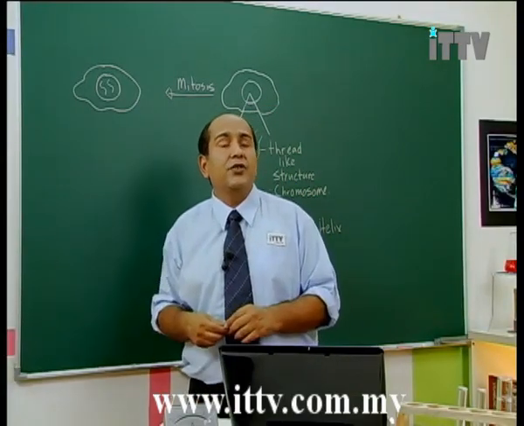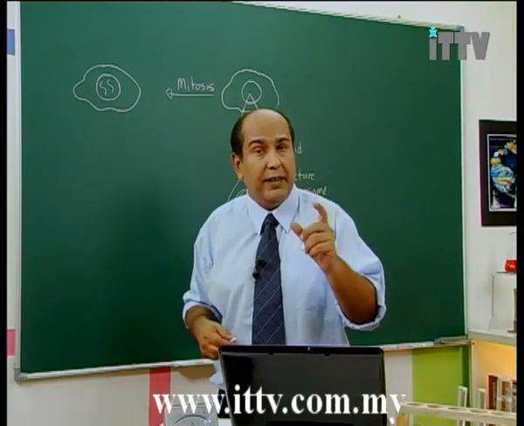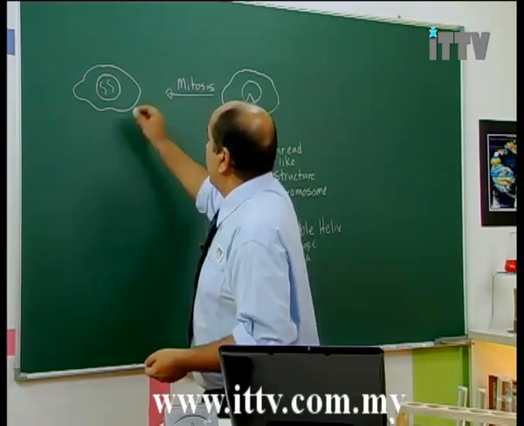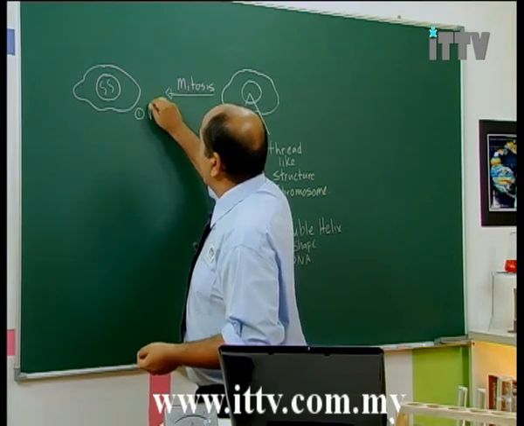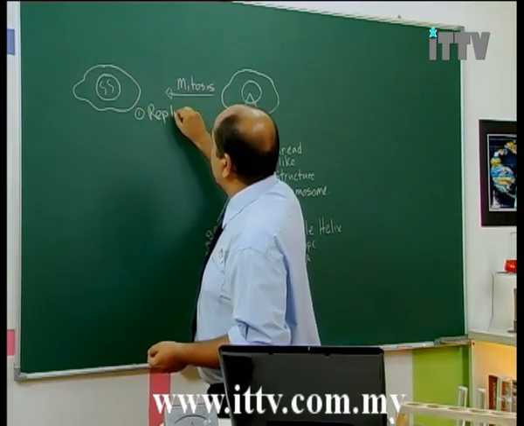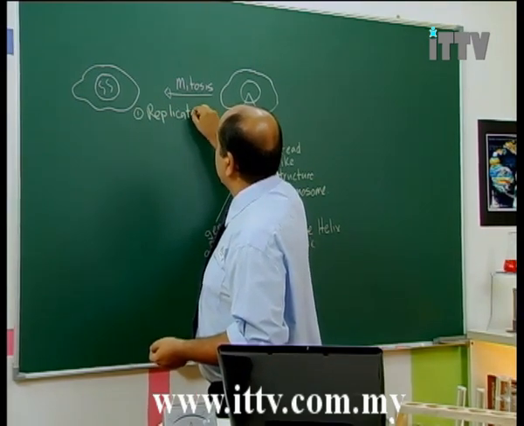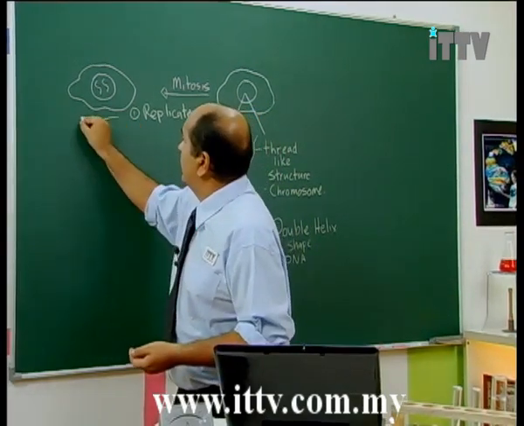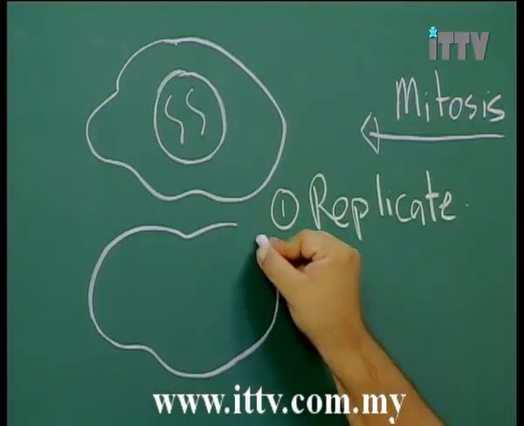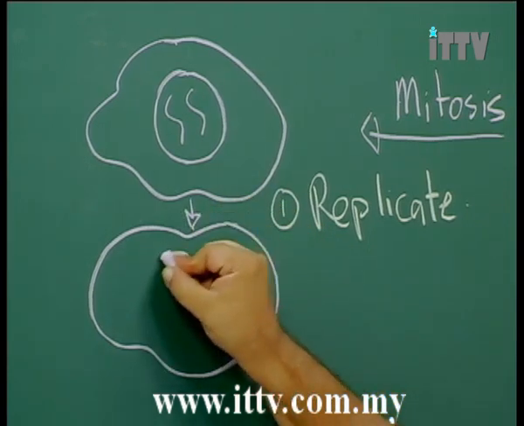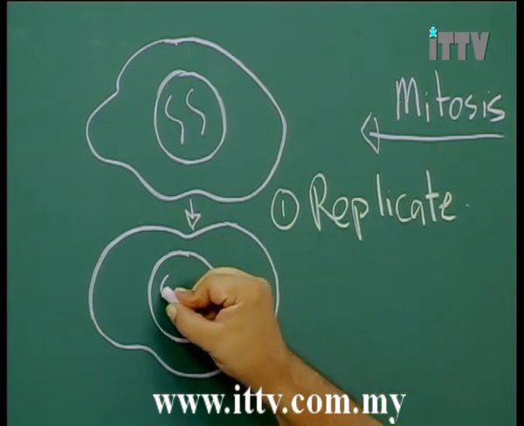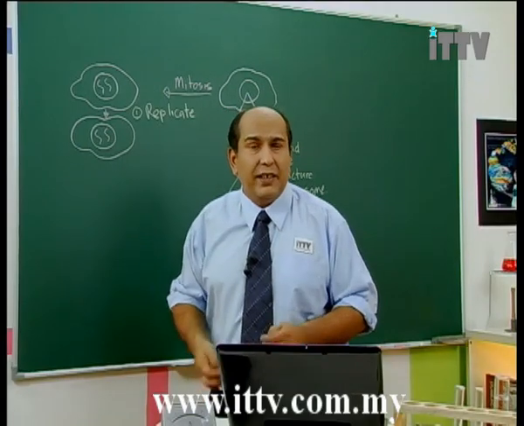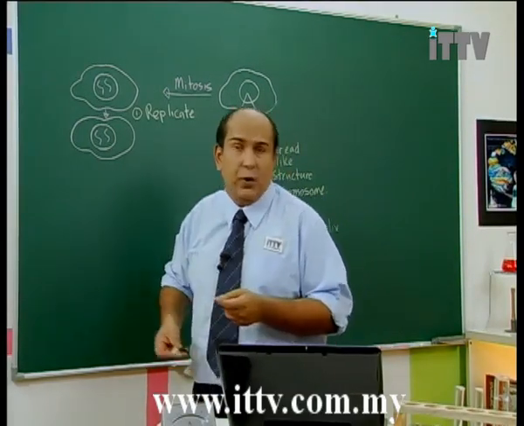The first thing that needs to happen is we must replicate. Remember, we have to make two. So step one is we replicate, which means that what I'm going to end up with is one and two, but they're now replicated, which means there's a copy of each one.